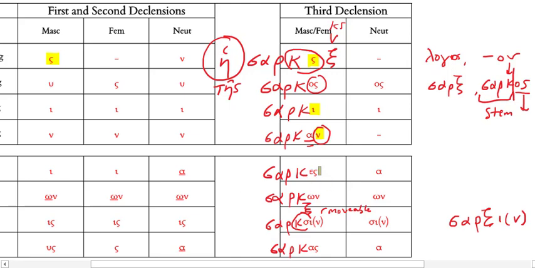Over here, epsilon sigma is our nominative. We don't have any of those, so that doesn't help. But omega nu is identical, isn't it? All the way across. By the way, notice Mounce put those underlines under the omega to indicate what? That the stem vowel is obscured and it's taken over by this omega, right? Here, the kappa is still going to be there when the omega nu is attached, so nothing weird happens here.